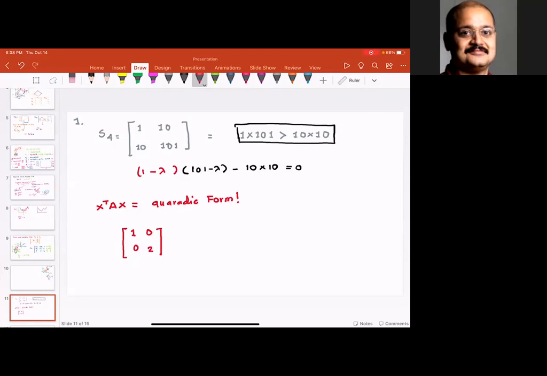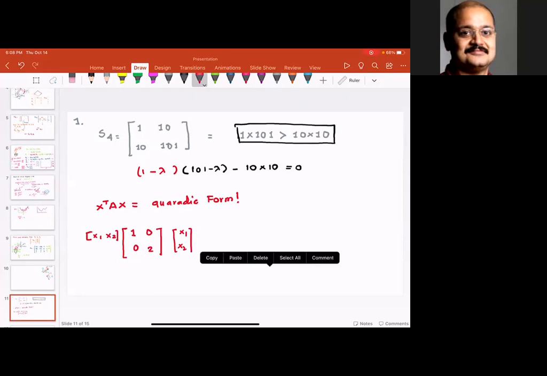So now I'm going to multiply that with an x transpose, and this is going to be x1, x2, x1, x2, first row, first column, second row, first column.